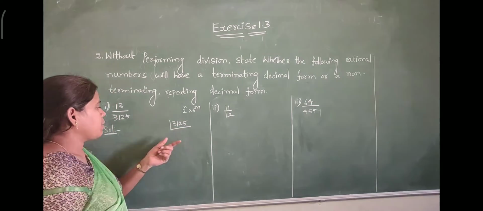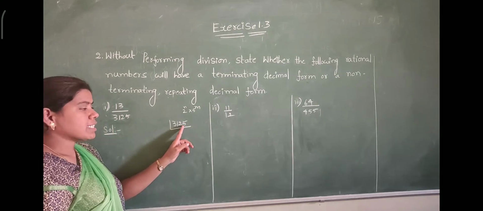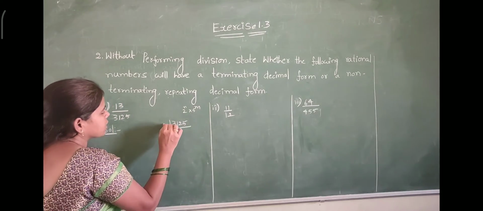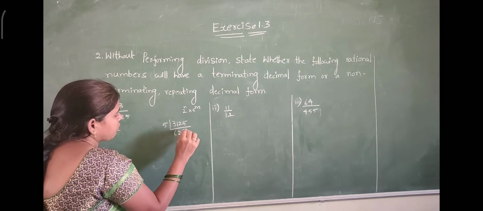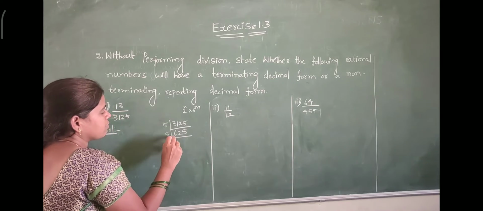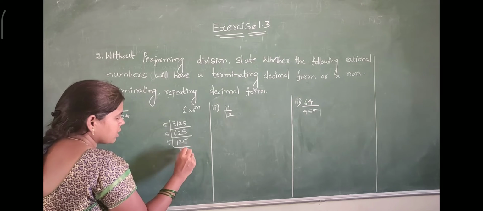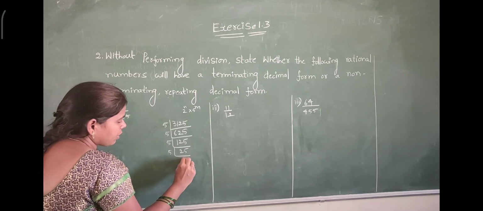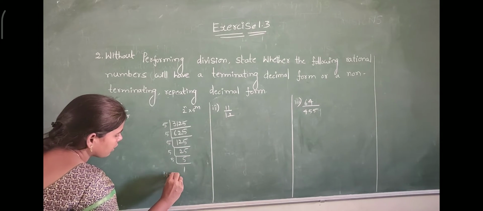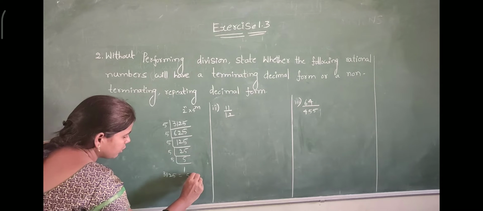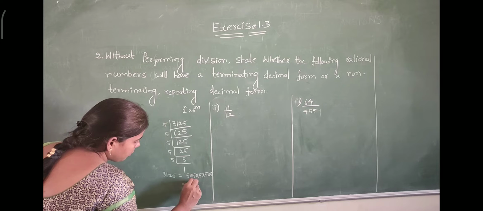This number is divisible by 5, since the last digit is 5. 5 sixes are 30, 5 twos are 10, 5 fives are 25, 5 ones are 5. The prime factorization of 3125 is 5 into 5 into 5 into 5 into 5, so 5 to the power of 5.